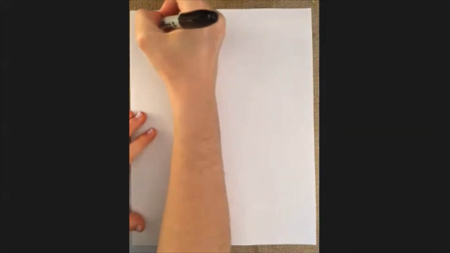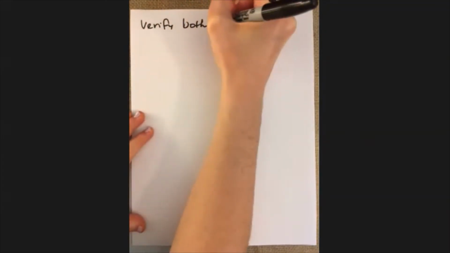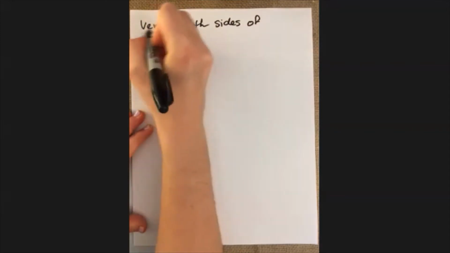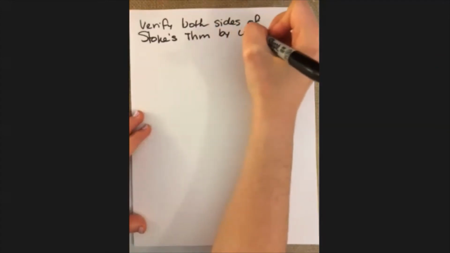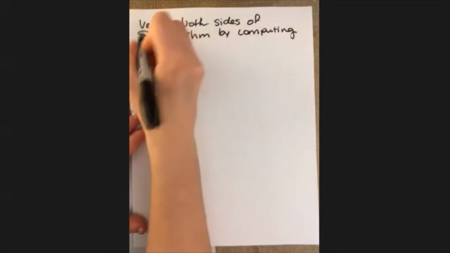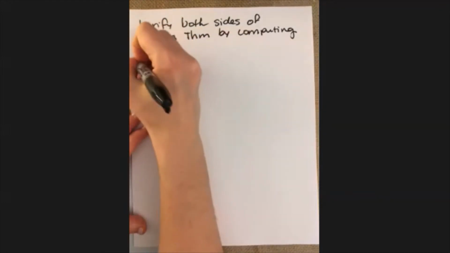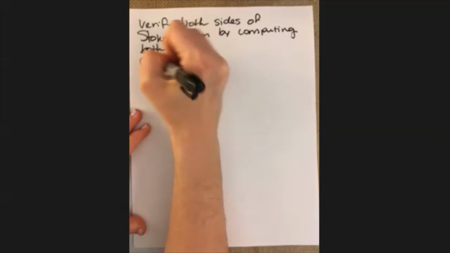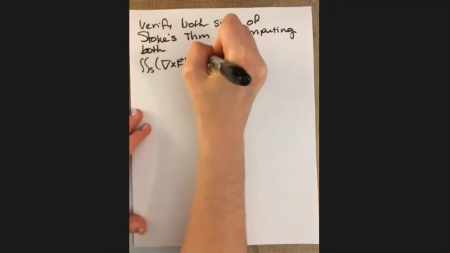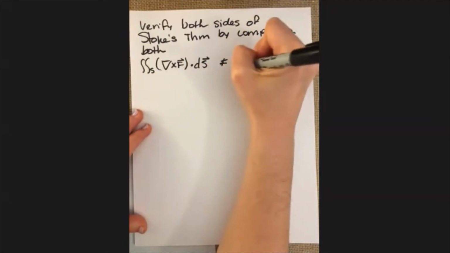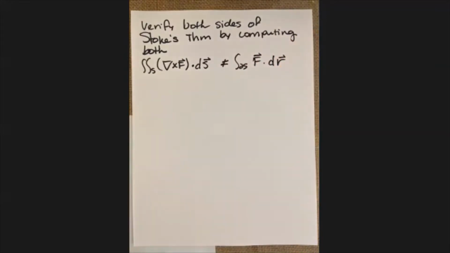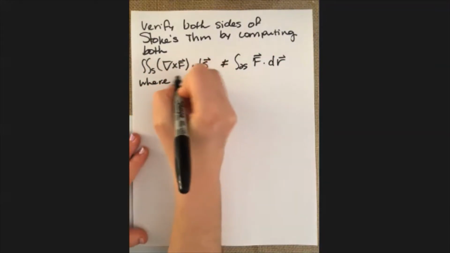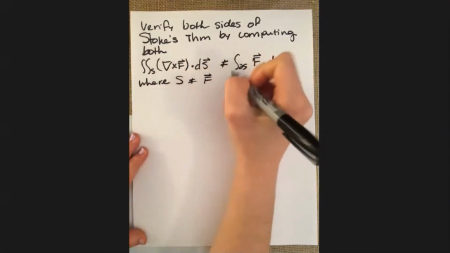We will verify both sides of Stokes' theorem by computing both the double integral over the surface of the curl and the single integral around the curve of F dot dr, where S and F are given below.